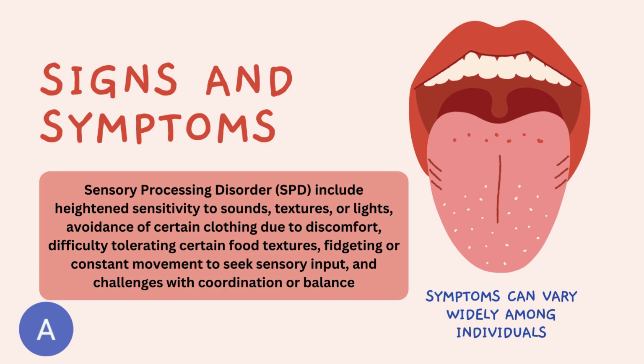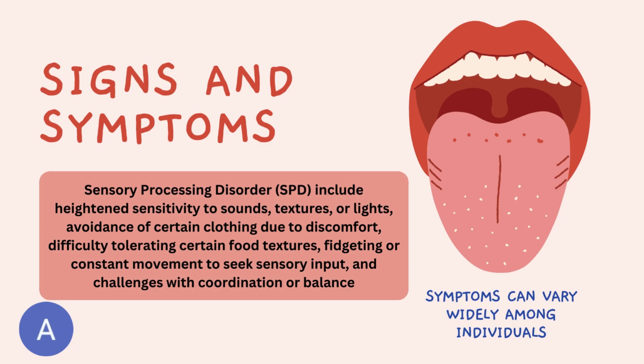So the signs and symptoms of SPD include high sensitivity to sound, texture, or light, avoidance of certain clothing due to discomfort, difficulty tolerating certain food textures, fidgeting or constant movement to seek sensory input, and challenges with coordination or balance.